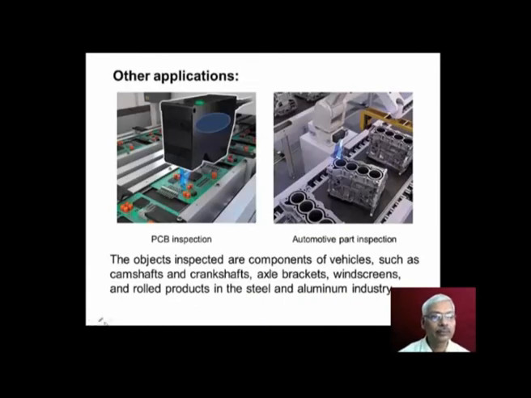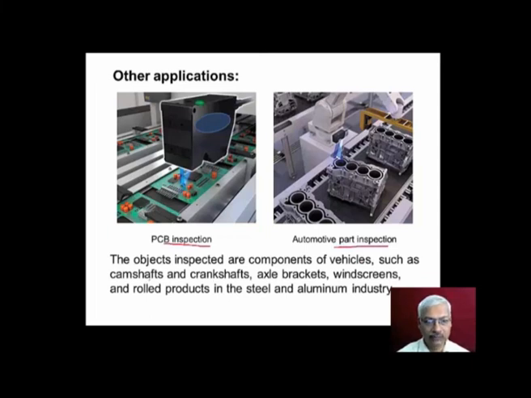Now, apart from welding inspection, there are many other applications of laser vision. The vision system can be used to check the PCBs. The circuit can be checked. Automotive parts can be inspected.